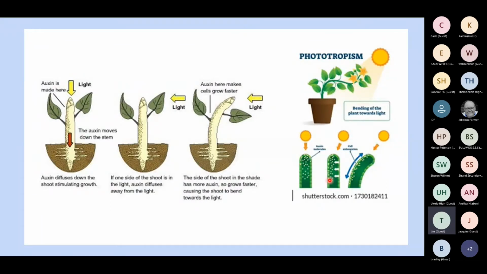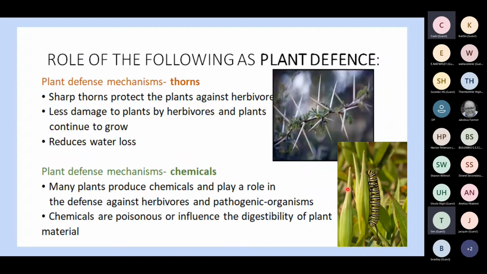They will stimulate cell elongation this side. And because the cells are dividing and elongating here, the stem will bend towards light. And if you study those four bullets, grade 12, in conjunction with a diagram, then you have nothing to worry about.